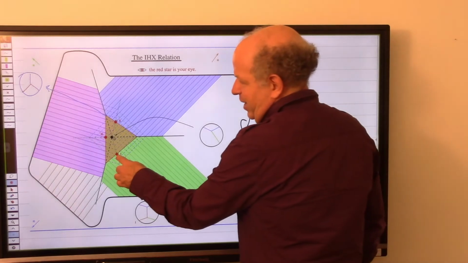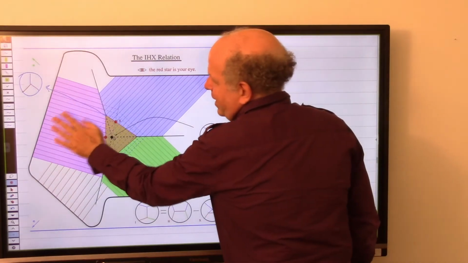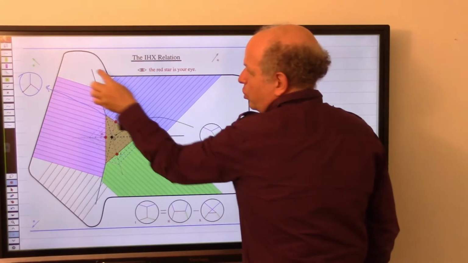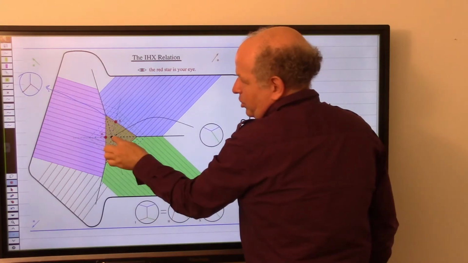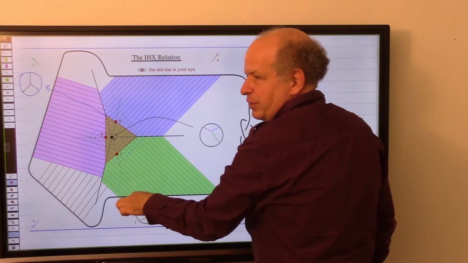The point I is defined as follows. You look at the line of intersection between purple and blue. This is this black line here, and it continues even beyond the intersection point.